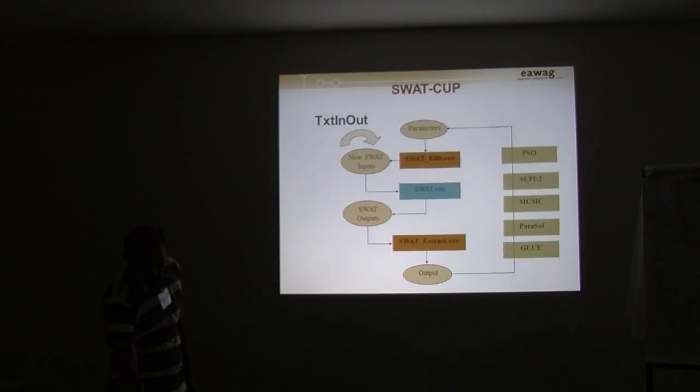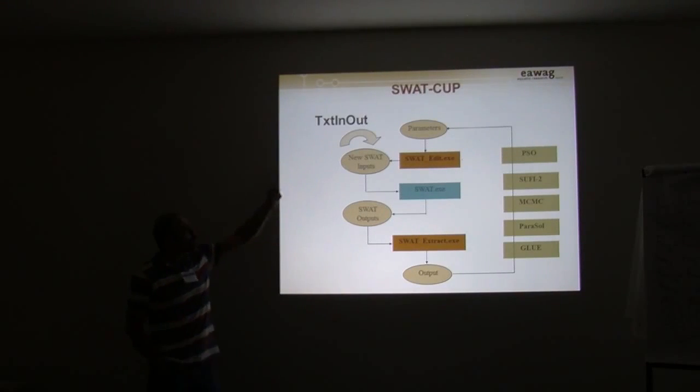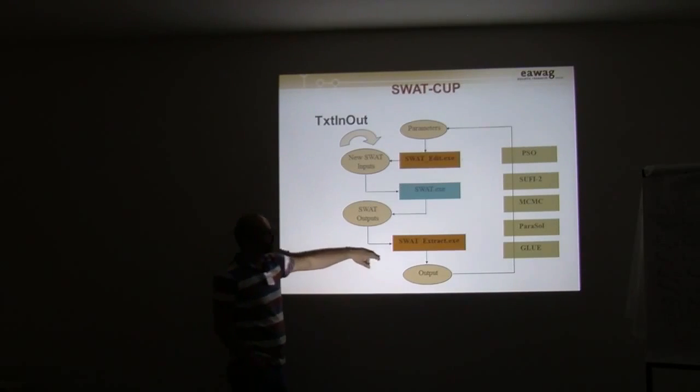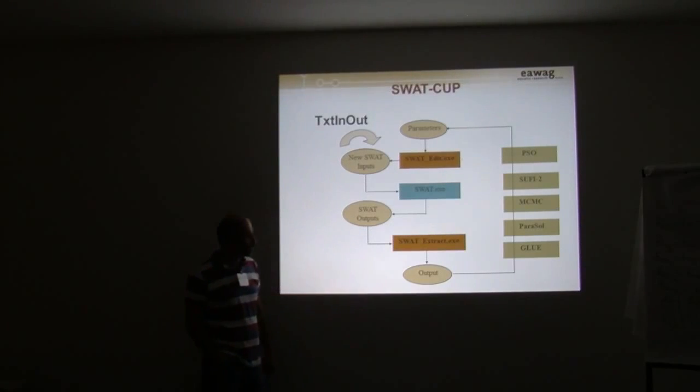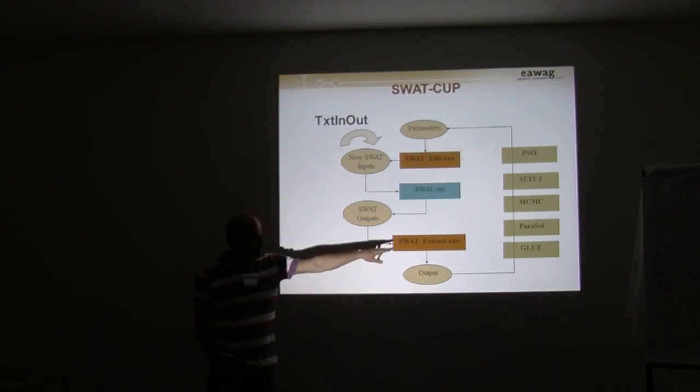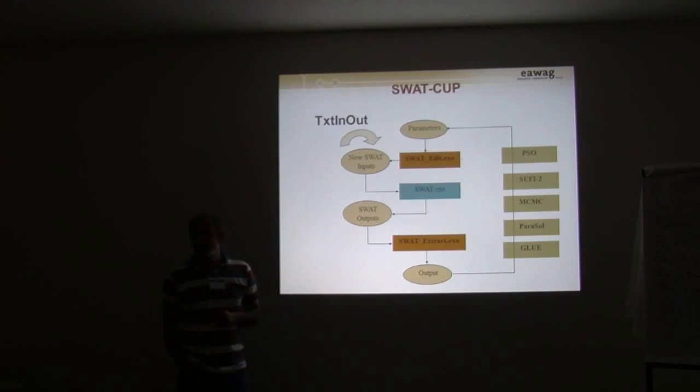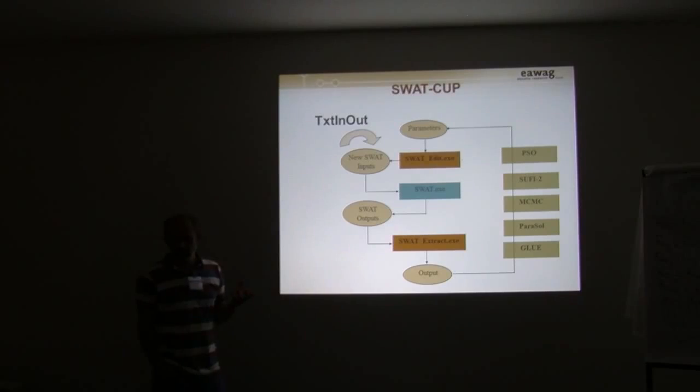I'll try to show you some of these, but the whole procedure for SWAT-CUP is that it has 5 different programs in it right now. You can use GLUE. I don't know if you're familiar with these, but these are algorithms that are very popular for calibration of hydrologic models.